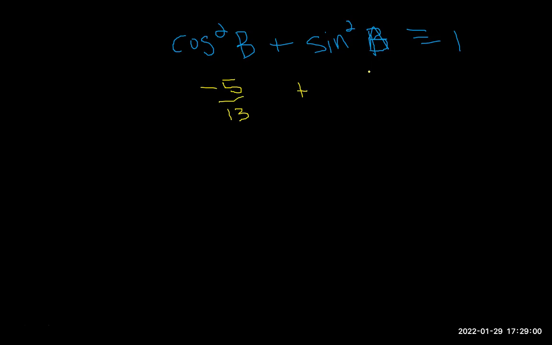We're trying to find the value of sine B. We know that this would be equal to 1. So like I said, basic algebra, transpose, find the value of sine B. Can you work that out and tell me what's the value of sine B?